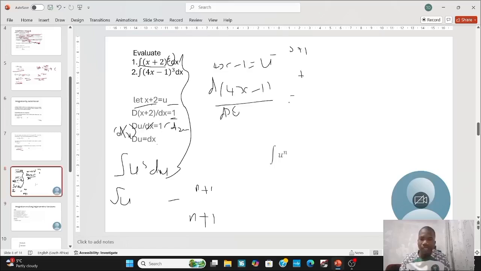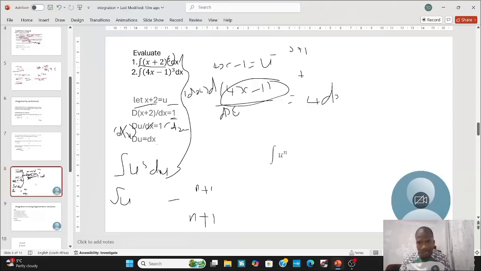dx is equal to, then we differentiate 4x minus 1, and we get 4 only, right? Then we cross multiply by dx in order to cancel it out on both sides.